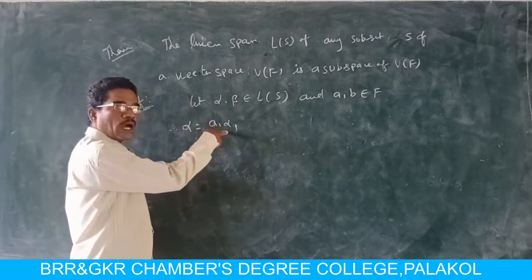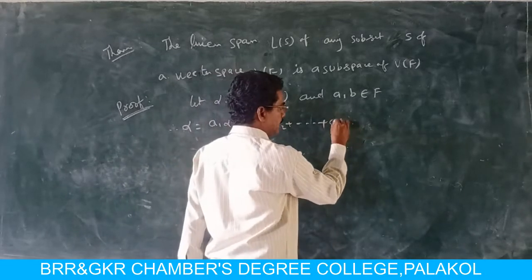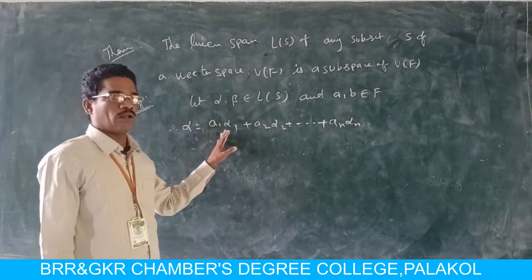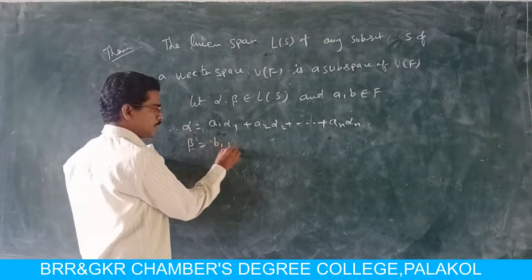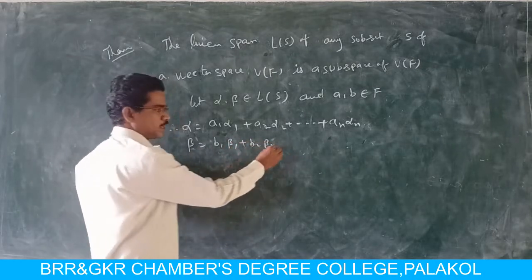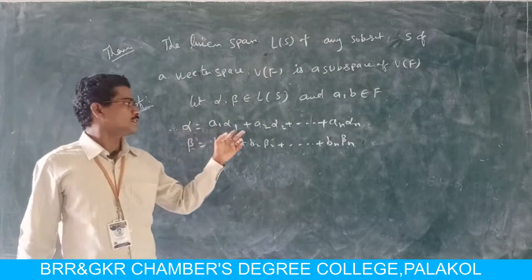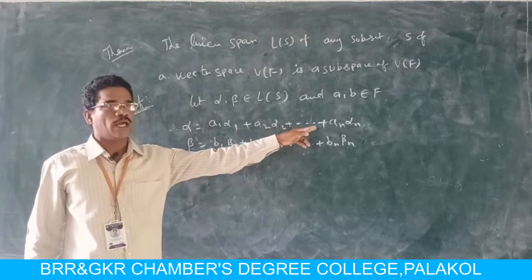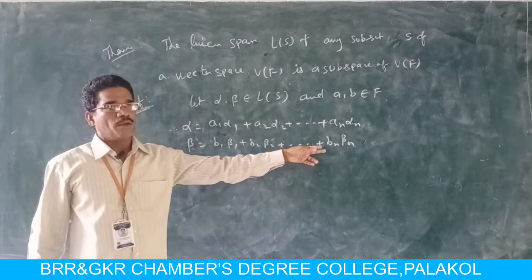Then alpha equals a1 alpha 1 plus a2 alpha 2 plus so on plus an alpha n, and beta equals b1 beta 1 plus b2 beta 2 plus so on plus bn beta n.